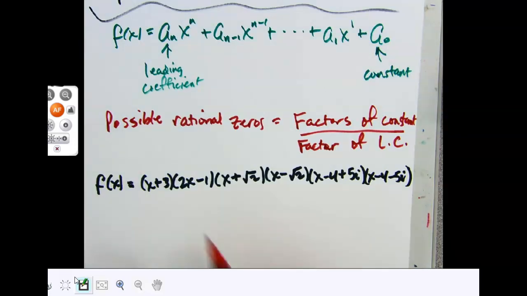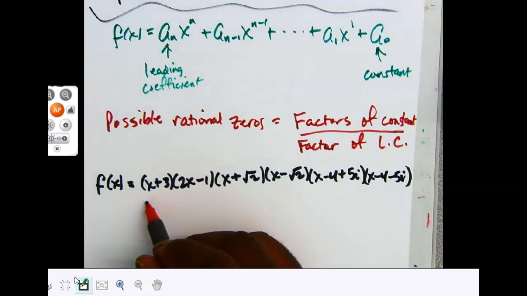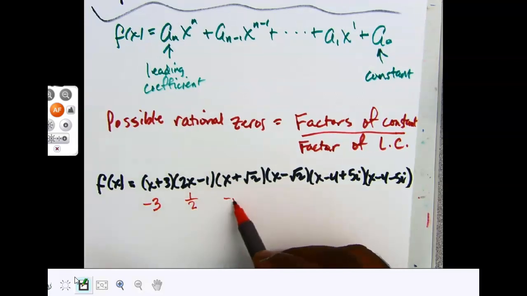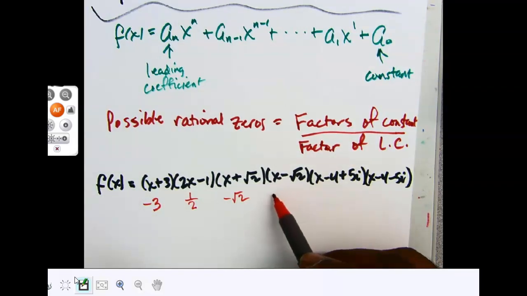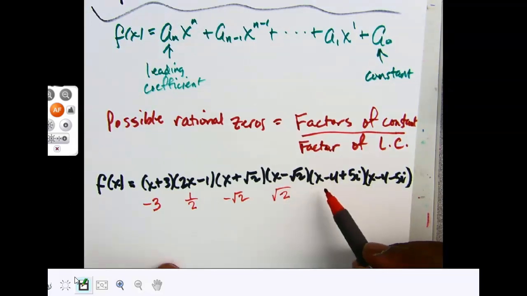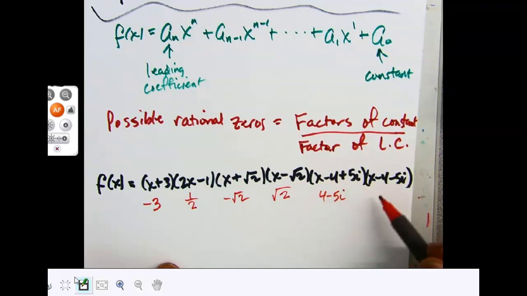So with these sets of zeros, here we have a zero of negative 3. This is a 0 of 1/2. This 0 is negative square root of 2. This 0 is positive square root of 2. This 0 is for minus 5i, and this 0 here will be for plus 5i.